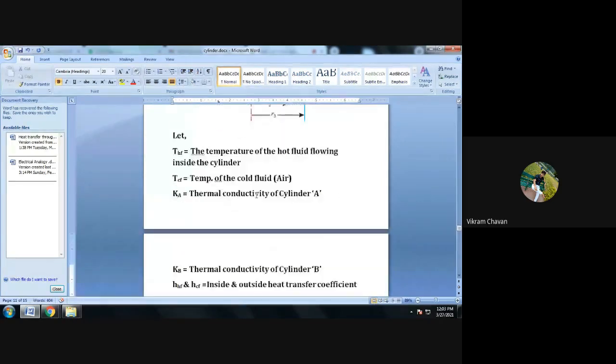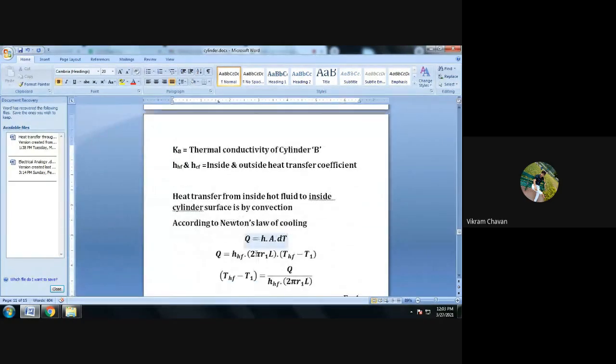Area is equal to 2 pi R1 L multiplied by the temperature difference between the hot fluid and the internal surface temperature of cylinder A. Hot fluid temperature is T suffix HF, minus the internal surface temperature of cylinder A, which is T1.